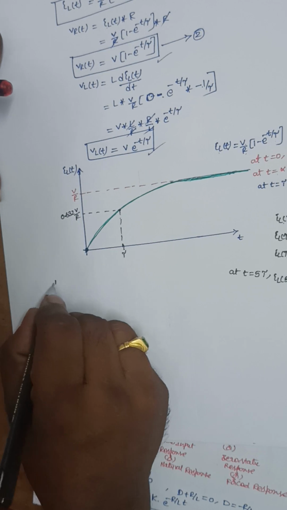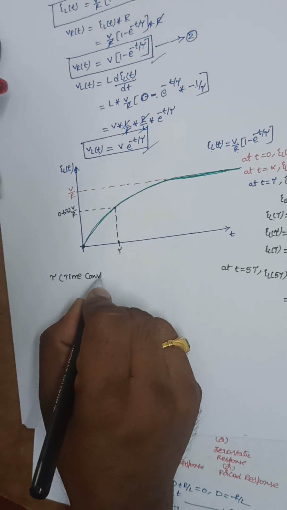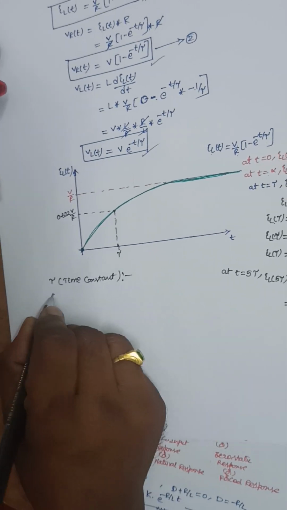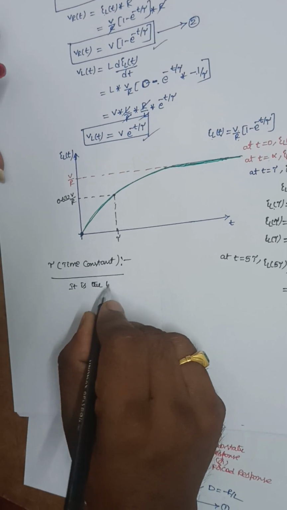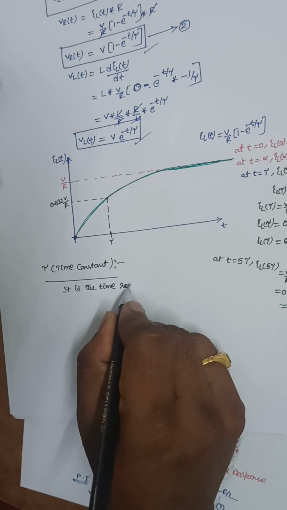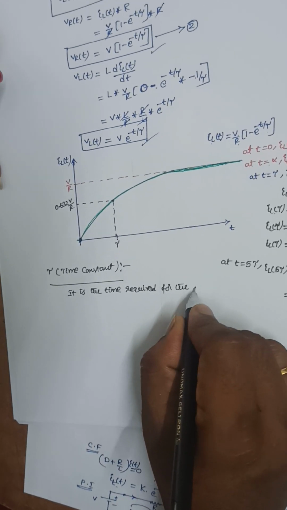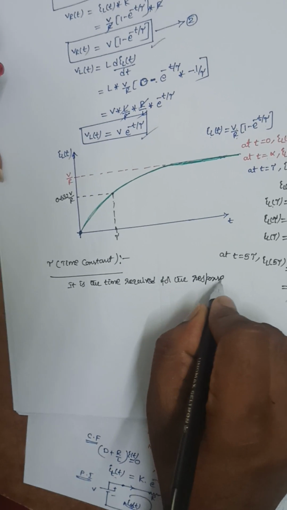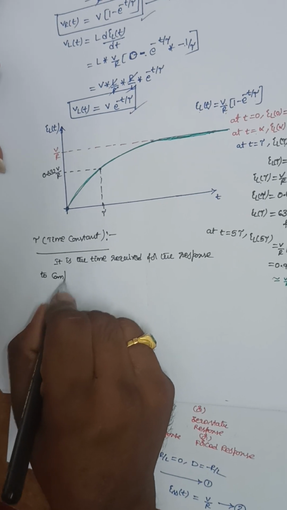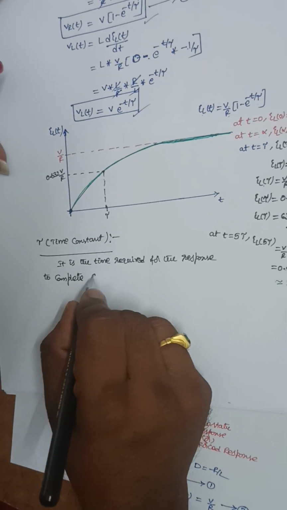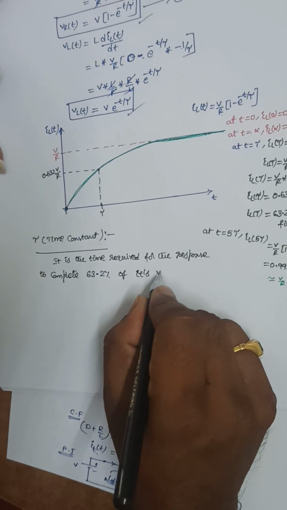So tau, time constant, can be defined as the time required for the response to complete 63.2% of its final value.